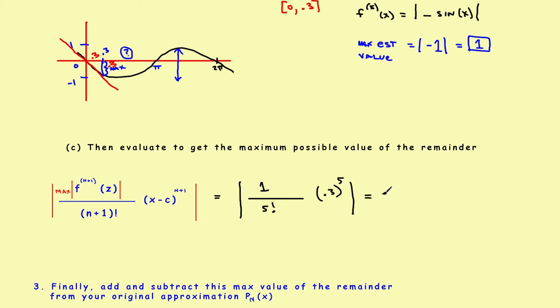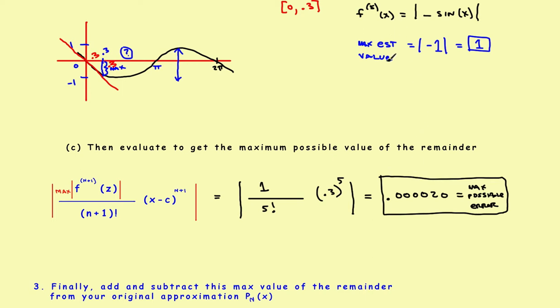So what that's going to give you, if you run through it, is 0.000020. And this is going to be the maximum possible error. So it could be off by plus or minus that amount right there. So now you know the maximum possible error.